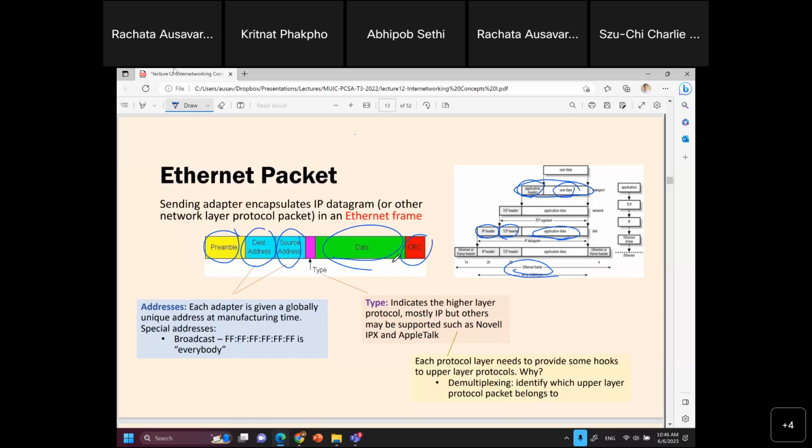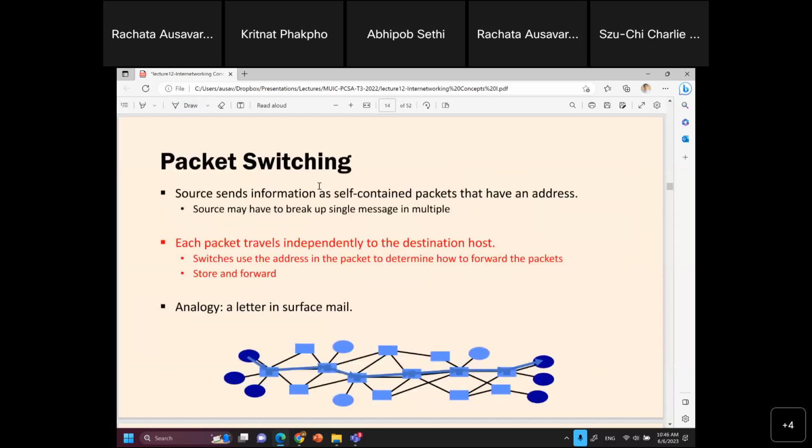All right. Now with this Ethernet packet, right? Packet switching in the Ethernet, the switch takes your packet. Now it has to forward to the destination. What are the design issues we have to think about here? Packet loss, right? What else?